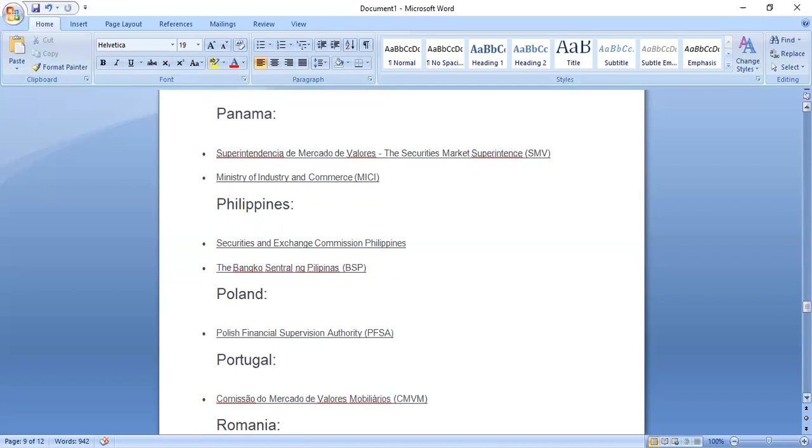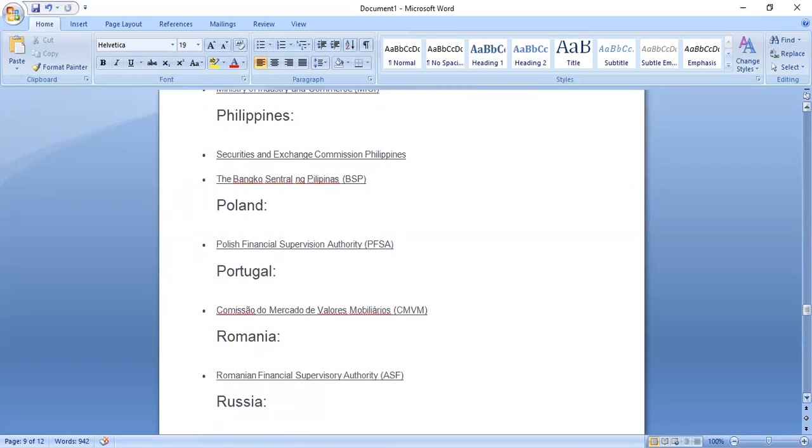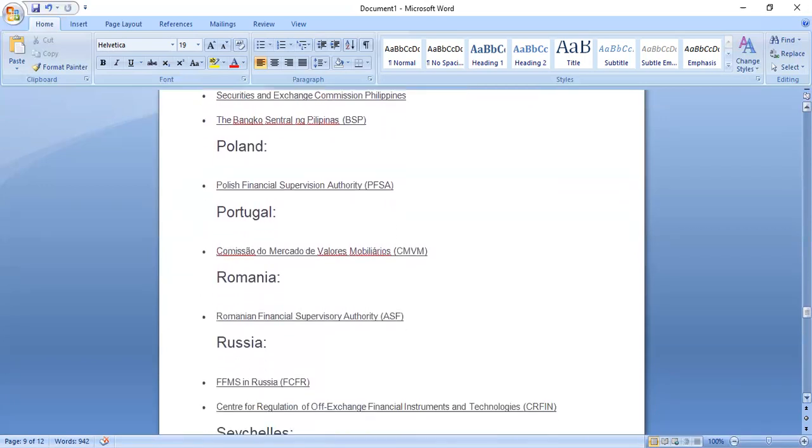Philippines, we have the Securities and Exchange Commission, Philippines, then the Bangko Sentral ng Pilipinas, BSP, that is another institution from the Philippines that regulates any broker from the Philippines. Now in Poland, we have the Polish Financial Supervisory Authority, PFSA.